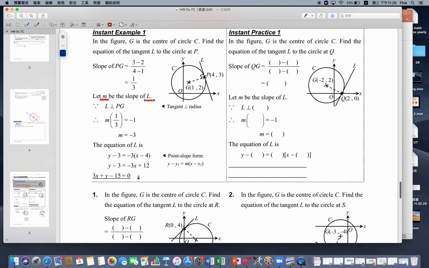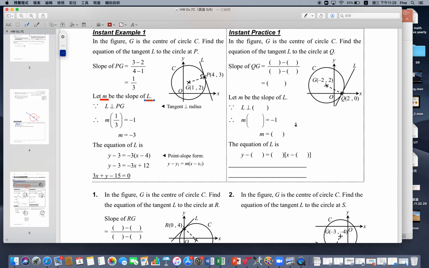For instant practice 1, just do the same. Because L is the tangent and you have the point of intersection Q, you can find the slope of GQ first, then find the slope of L, and then apply the point slope form to find the equation of L as well.